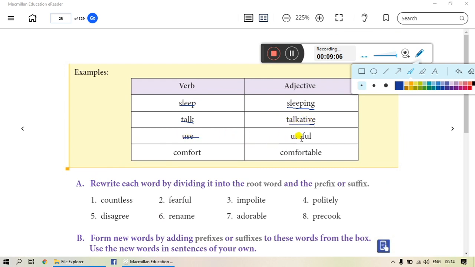When you add full to use, it becomes useful. When you add able to comfort, it becomes comfortable. So these are all verbs. These are the actions or state of a person, that's why they are verbs. And these are adjectives, which are used to tell the quality of a noun.